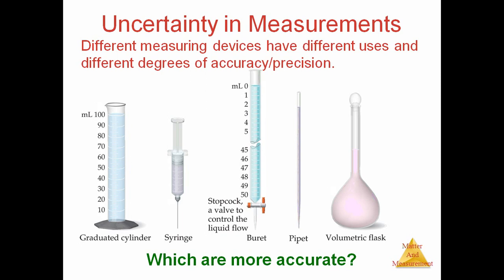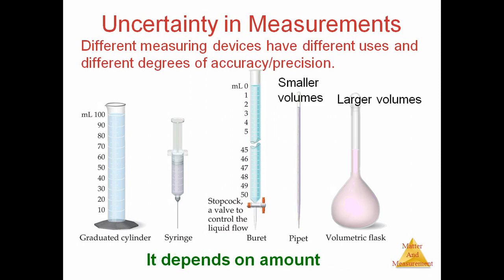You have a pipette, which is used to acquire a broad amount of liquid. And then finally, you have a volumetric flask, which typically has one definitive set volume, and it has a line to specify that one set volume. When you talk about their specific nature and what type of volumes go where, your pipette is going to retain smaller volumes, whereas your volumetric flask can be applied to larger volumes of substance.